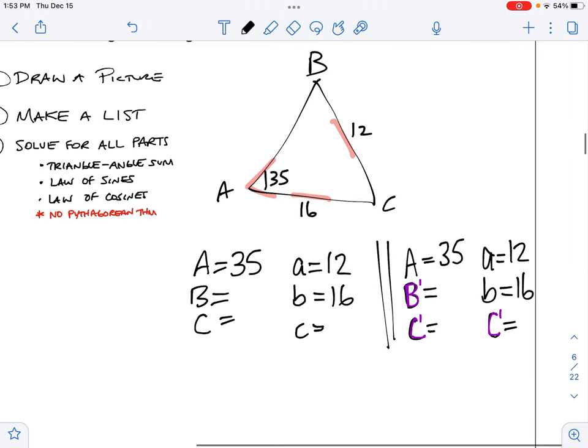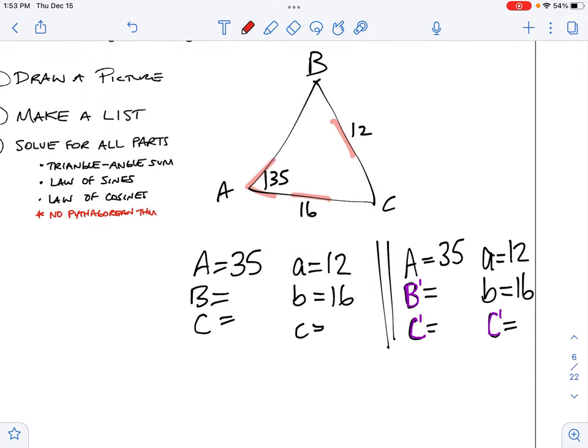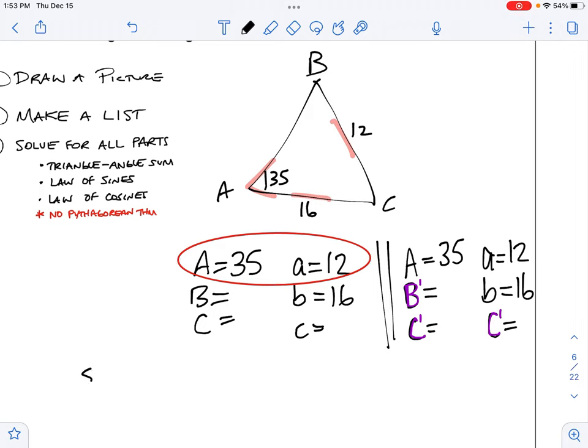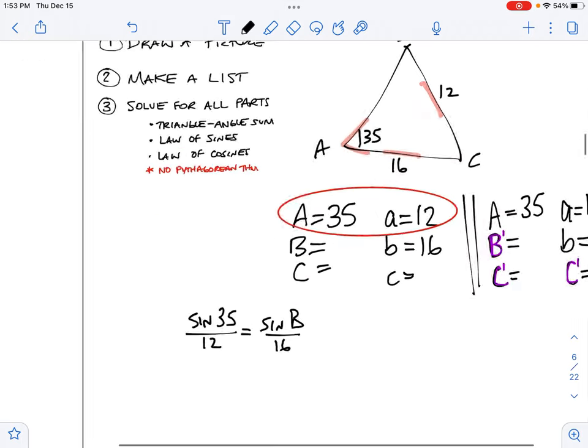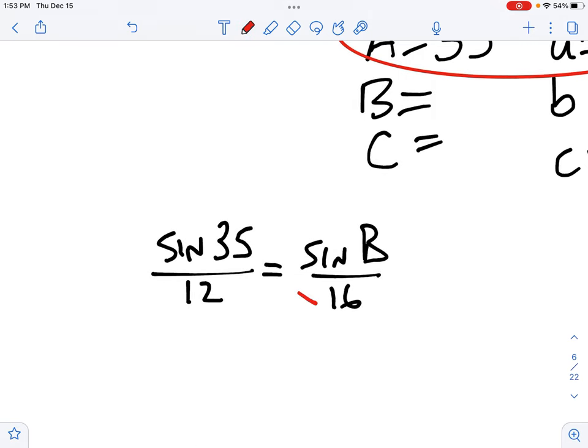And then we start the process. So here we have our angle side pair, which is angle A and side A. That allows us to set up the law of sines. So sine of 35 over 12 is going to equal the sine of B over 16. This gives us a little bit different look than the last examples because we're going to be solving for an angle now.